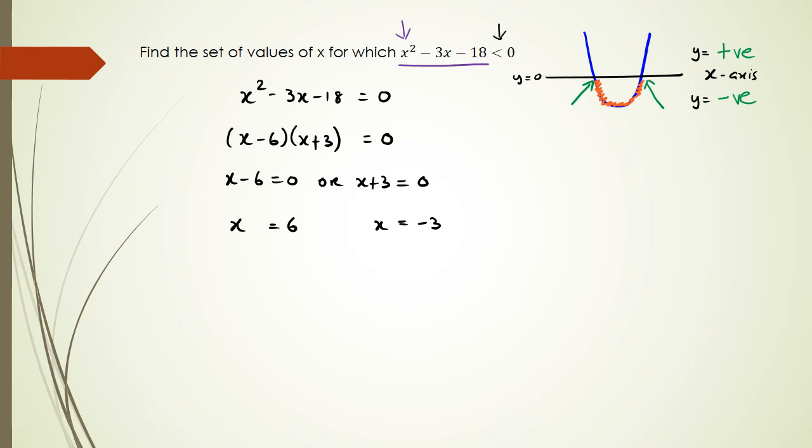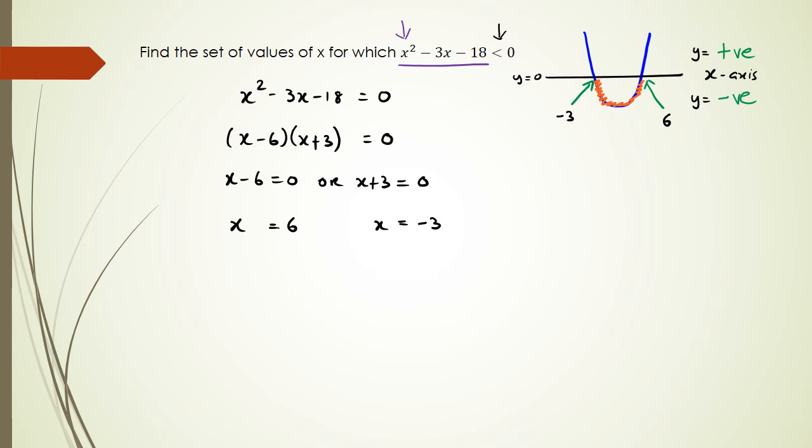Now that we've got these two values, you write the smallest number to the left side. So the first green arrow is going to be negative 3, and the second green arrow is going to be positive 6. Now it says find the set of values for x.